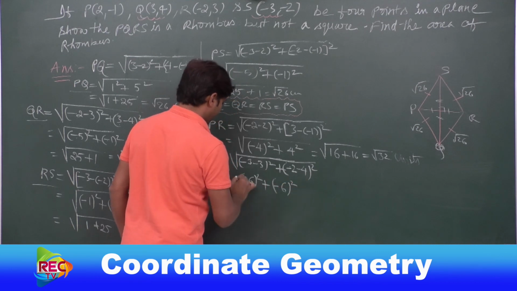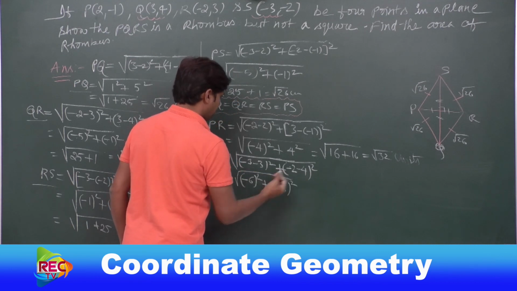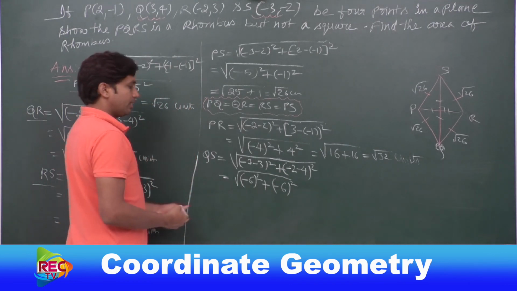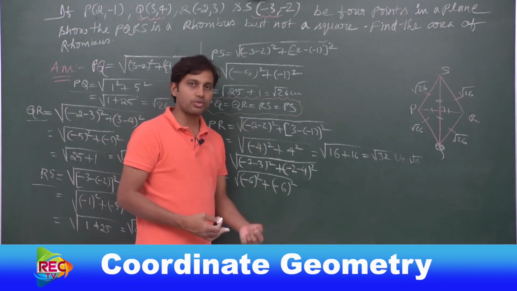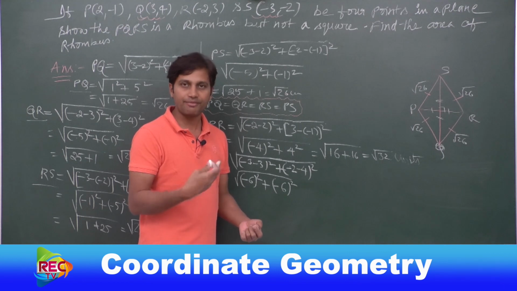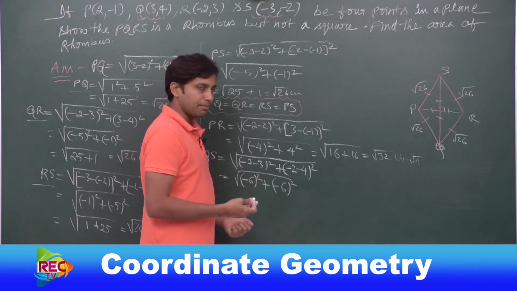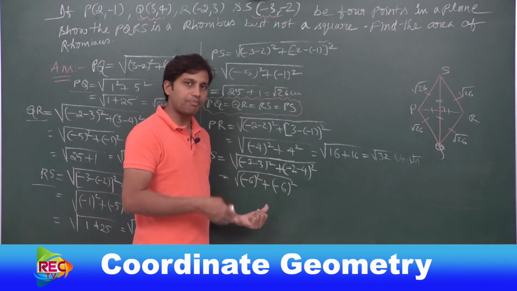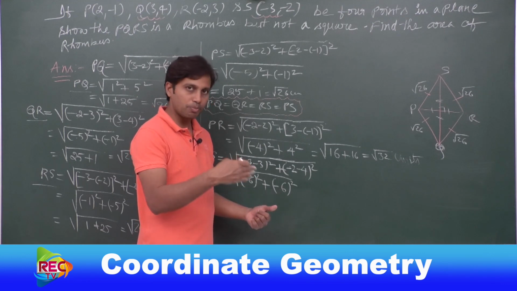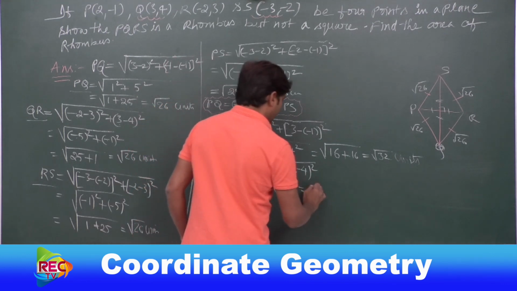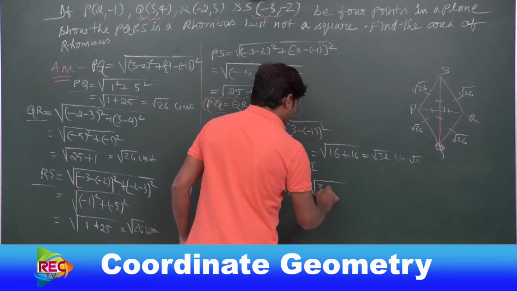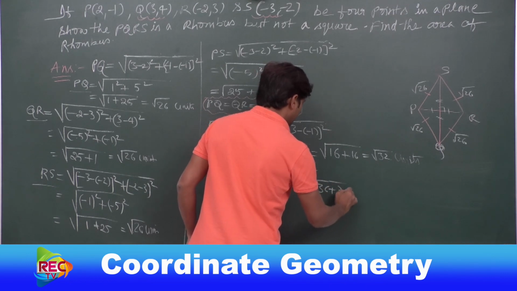Now let me tell you, here minus 6 whole square or plus 6 whole square will give you the same positive value, because power is even number. Minus 6 whole square would be plus 36 and this is also plus 36. So we can write this as 36 plus 36.